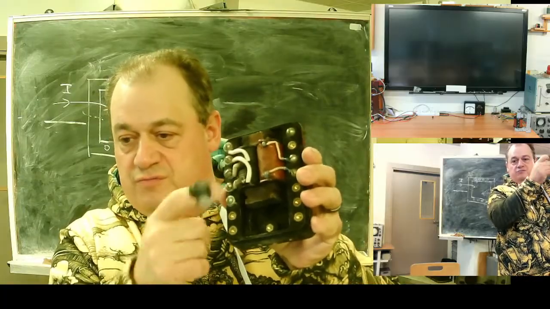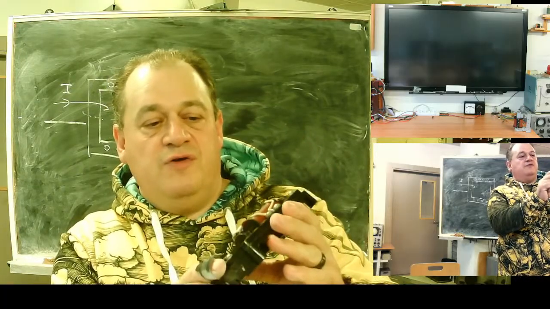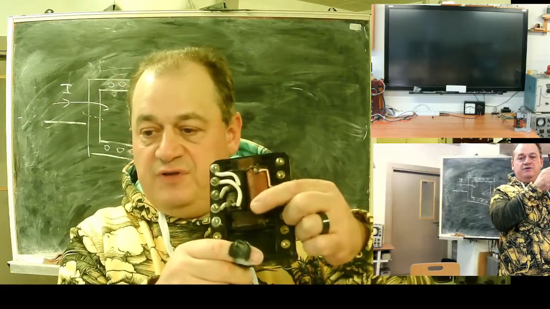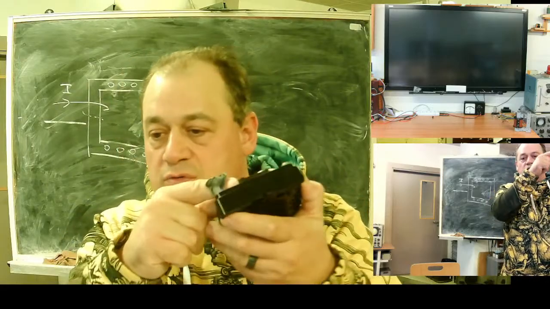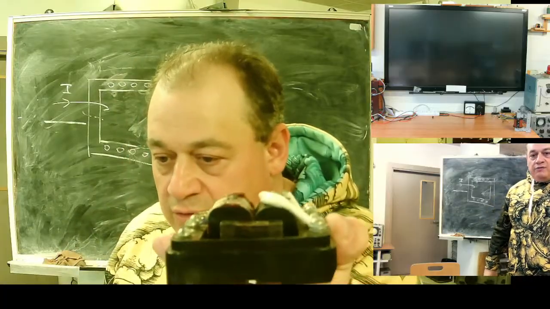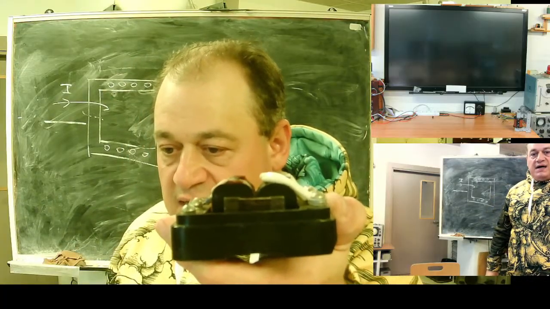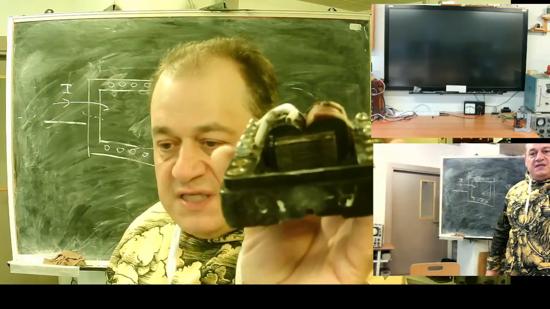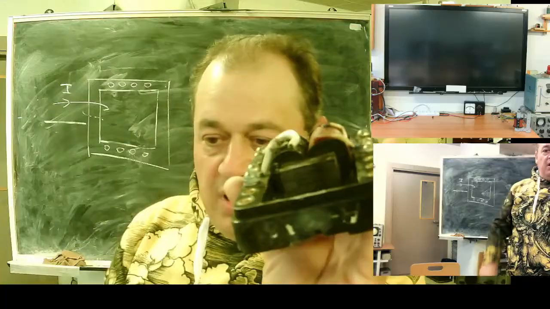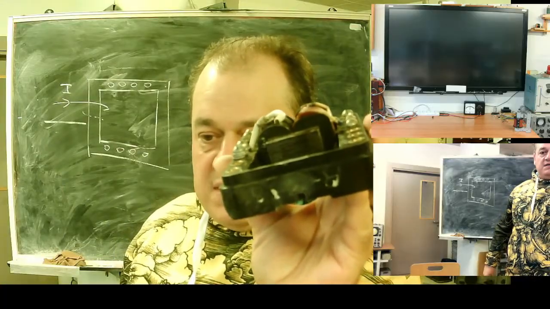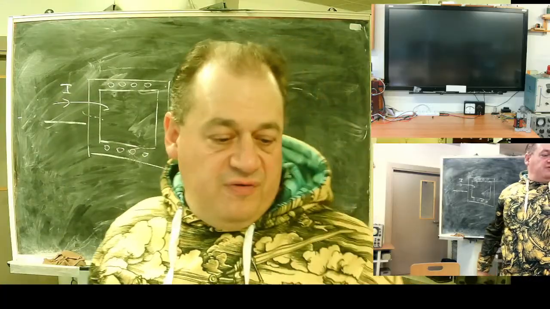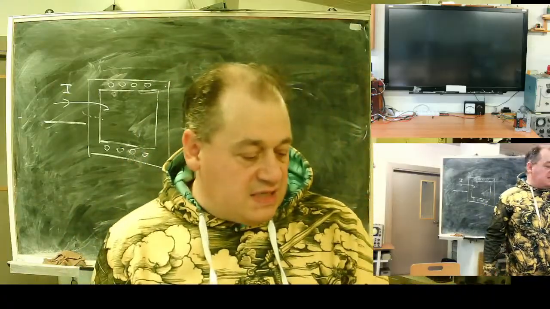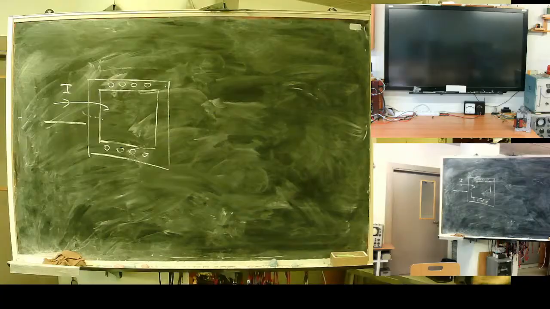Primary side, good thin wire, thick wire, secondary side, thin wire, and look what they've done with the core. You see, only half of the steel in this closing part, between the legs, only half of the sheet. It's a transformer with saturation.